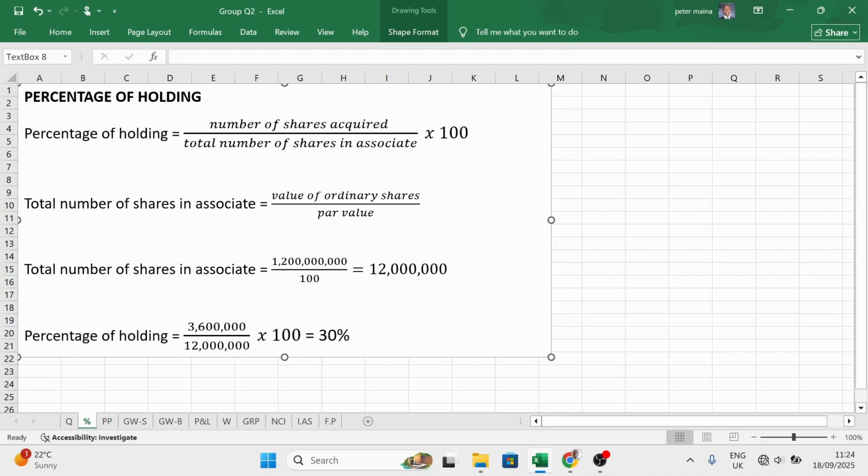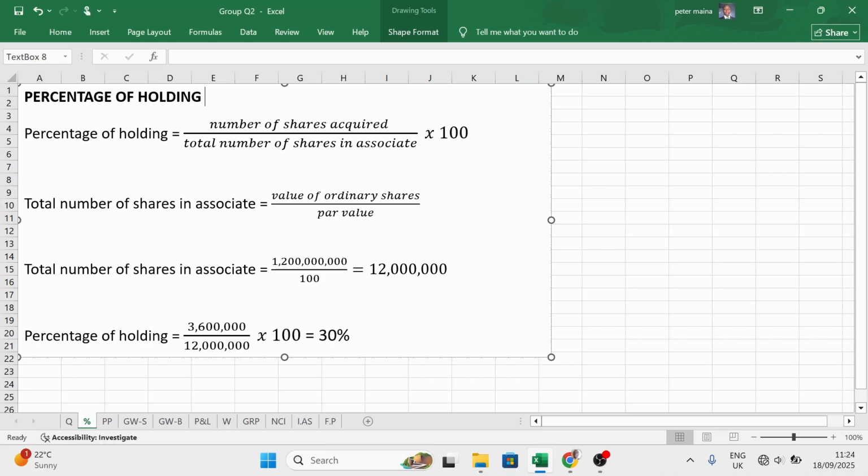So 1.2 billion or 1200 million shillings, you divide by 100, which is the par value, it will give you 12 million. So this means that the total number of shares in associate is 12 million.